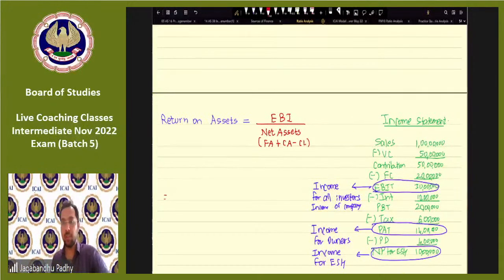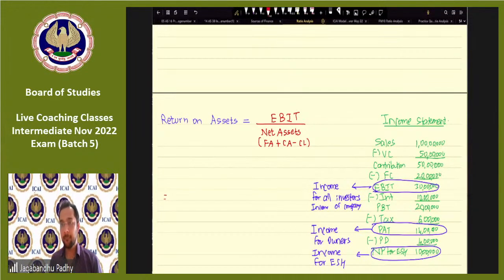Return that the company is generating is basically the EBIT on the net assets. Correct, guys?